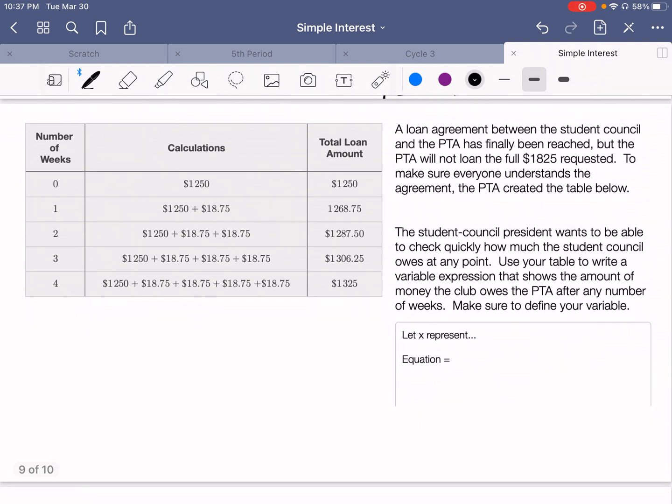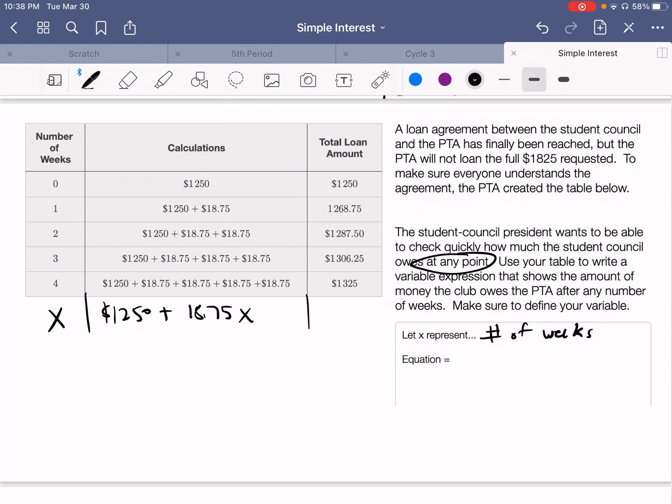All right, so the student council president wants to be able to check quickly how much, so we're going to write an equation here. Use your table. So if x is going to equal number of weeks, because that's my unknown here, at any number of weeks, if we do the 5D process here, we're always going to have this 1250, and then we're going to add 18.75 x times.